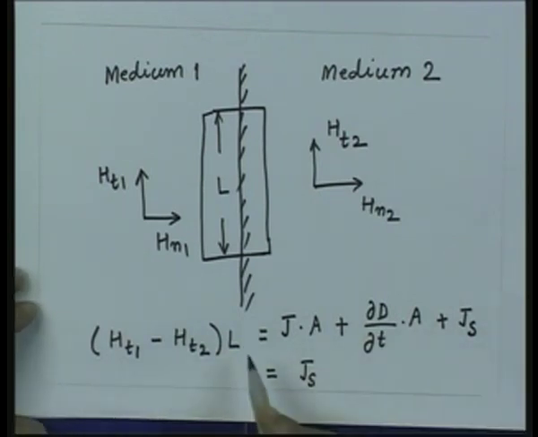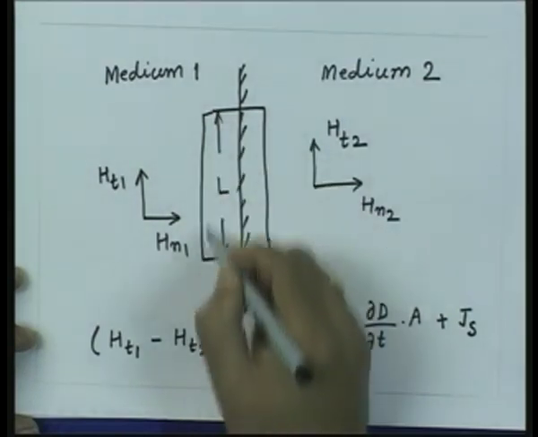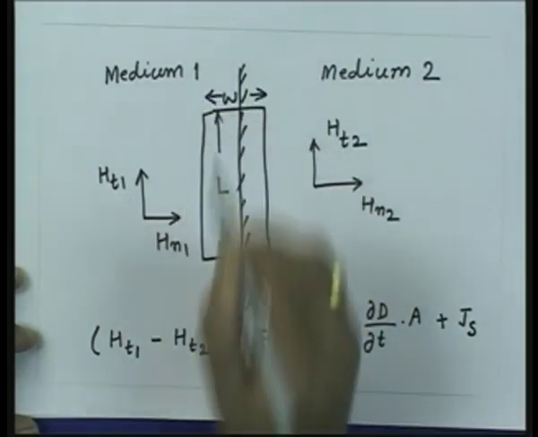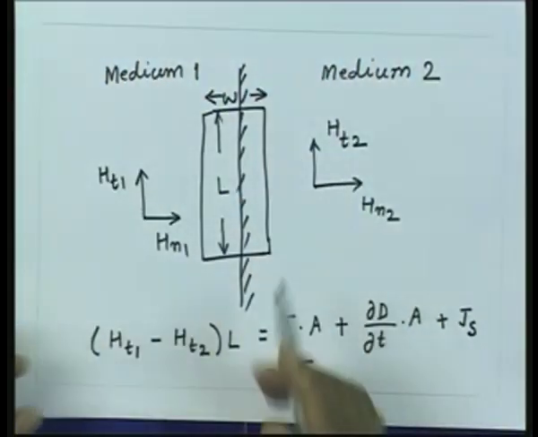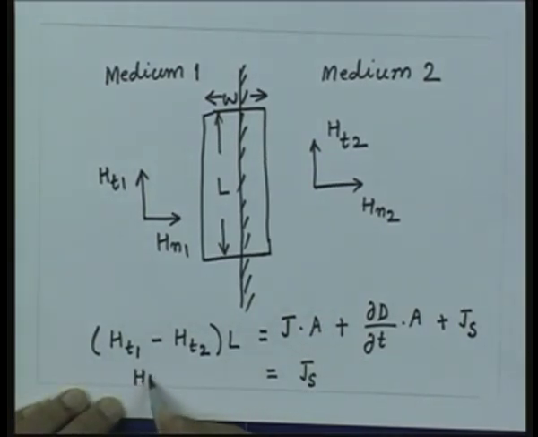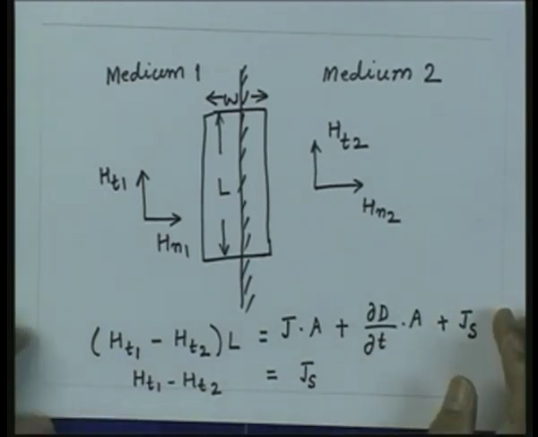So from here essentially what we find is that the difference of the tangential component of magnetic field is equal to the surface current density. Note here this area A is L into the width W. So when we have the area going to 0, W is tending to 0. So there will be L here which will cancel with this. So I will get a relation Ht1 minus Ht2 equal to the surface current density.